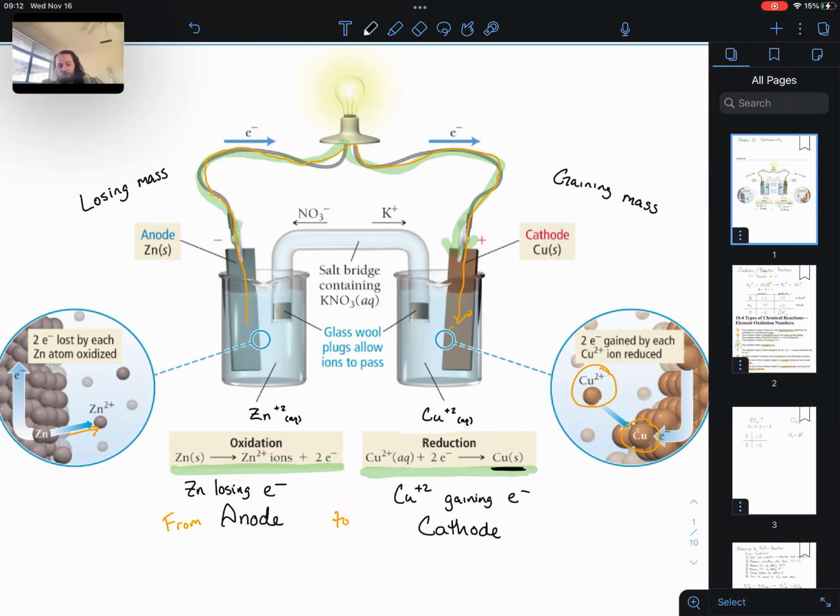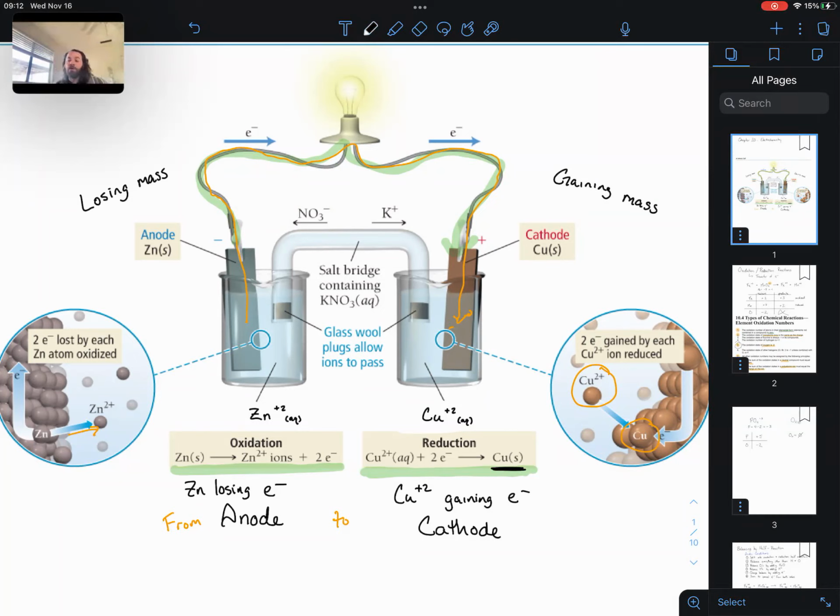So the cathode will slowly be collecting these copper atoms, gaining mass. It'll literally grow in size. And our anode is going to be doing the exact opposite. It's going to be losing atoms to the solution, which is why it's going to be losing mass over time.